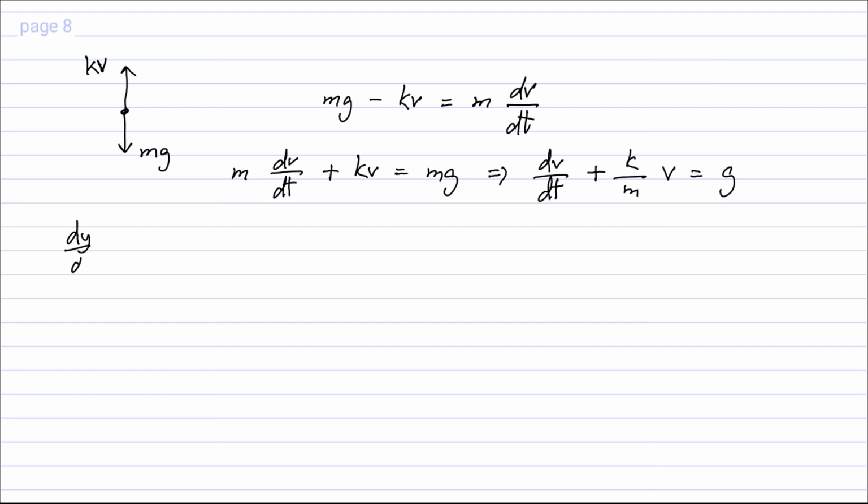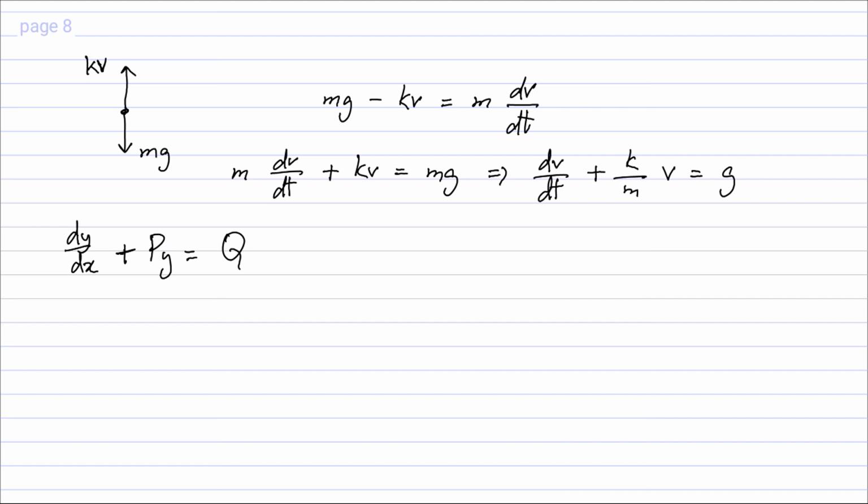Remember, the general linear first order differential equation we were dealing with was of the form dy by dx plus p y equals q. The role of y is now played by v, and the role of x is played by time t. p is simply a constant, k over m, and q is a constant, g.